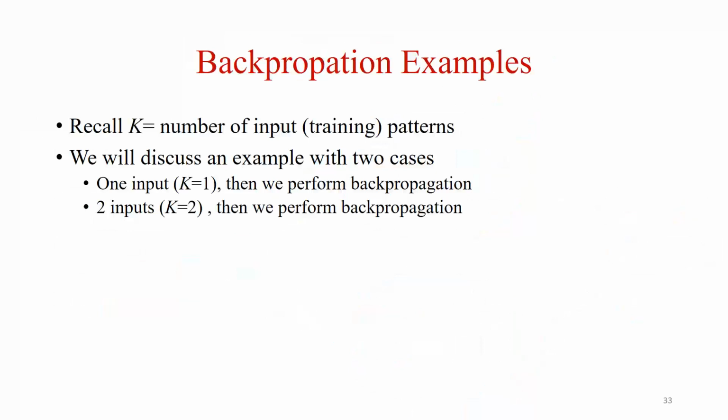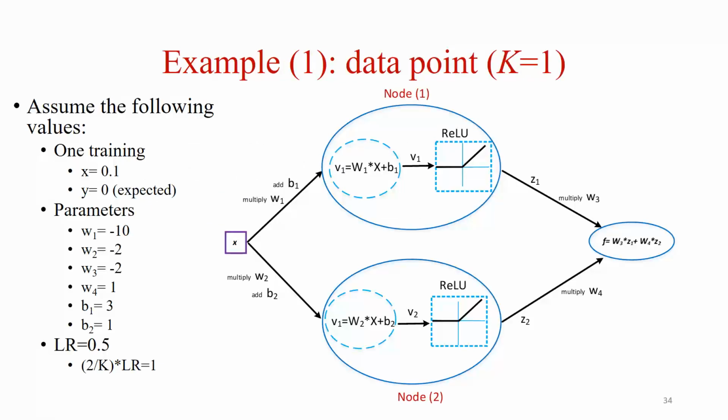Now, recall that we use the variable k to indicate the number of input training patterns. In this case, we will look at two cases, where we have just one training pattern and two training patterns, just to go gradually in the complexity of the problem. In this example, I'm going to assume these initial values for my parameters. When I have a 0.1 input, the expected output should be 0.